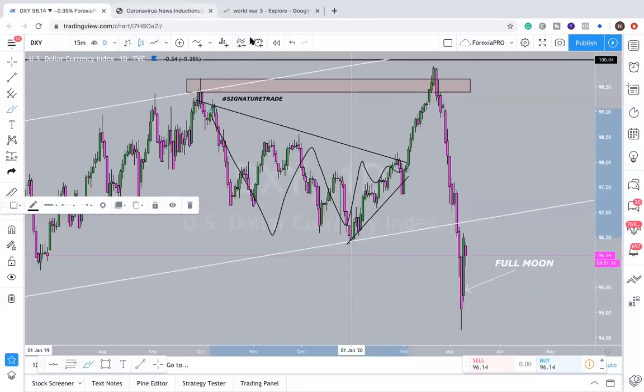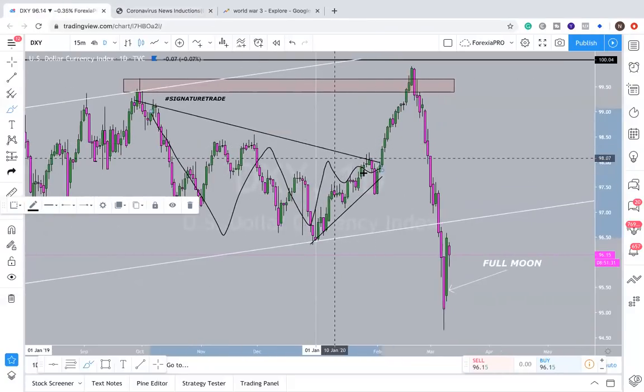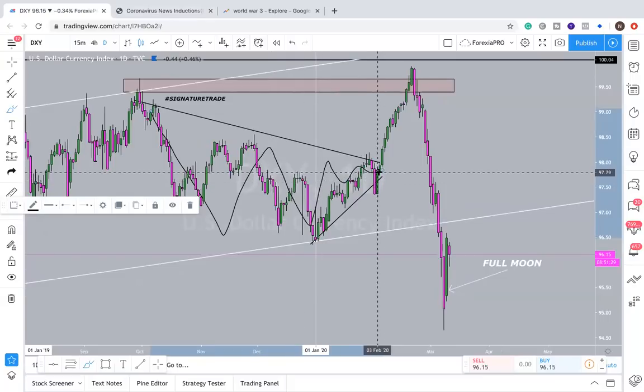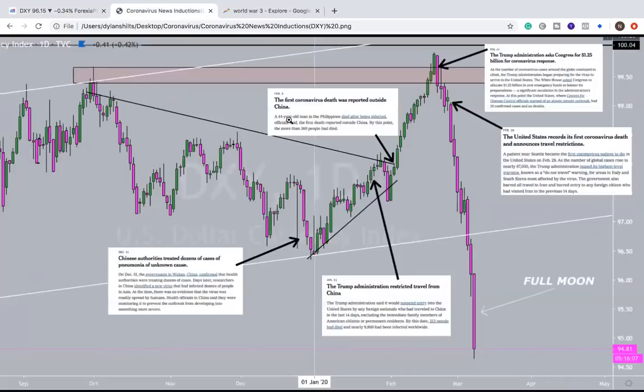What a coincidence that on the dollar, the breakout of this wedge pattern occurs exactly between when Trump restricts travel from China and the first coronavirus death was reported outside of China.